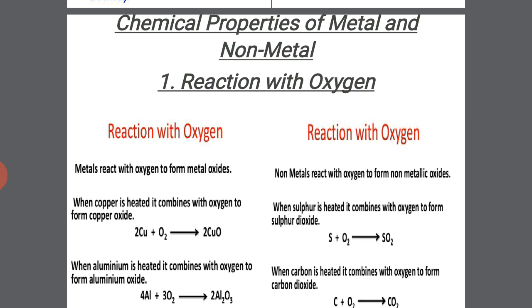For example, copper reacts with oxygen to form copper oxide, aluminium reacts with oxygen to form aluminium oxide. On the other hand, the non-metal sulfur reacts with oxygen to form sulfur dioxide, as well as carbon dioxide when carbon reacts with oxygen.